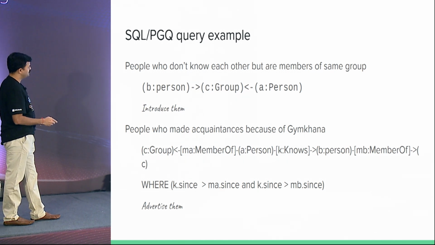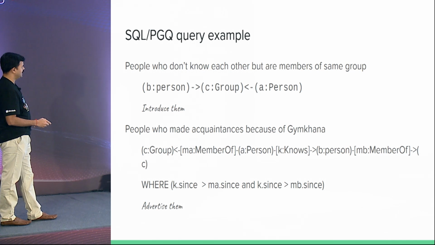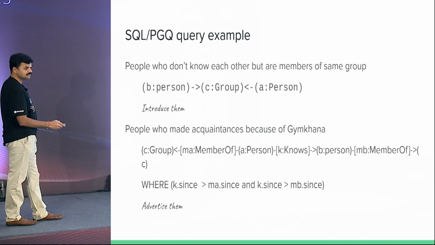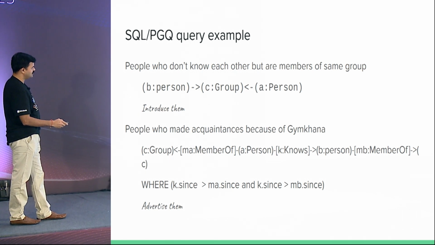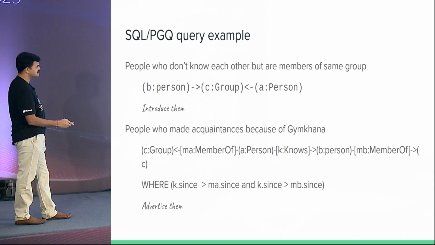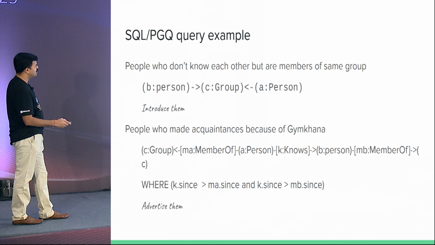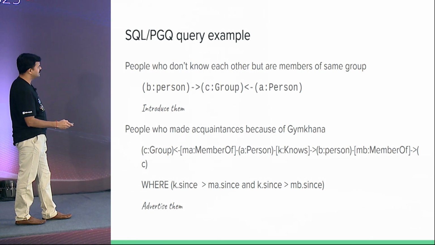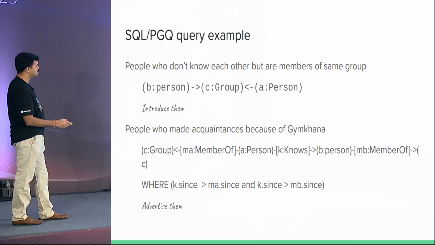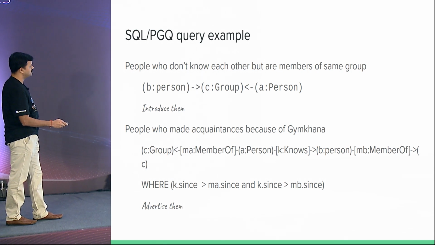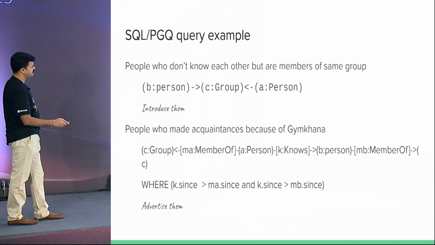Now you will see what we want to find out is, again, person A and person B who know each other. So there is this K knows in between. And then we want these A and B to be members of the same group by two different edges.